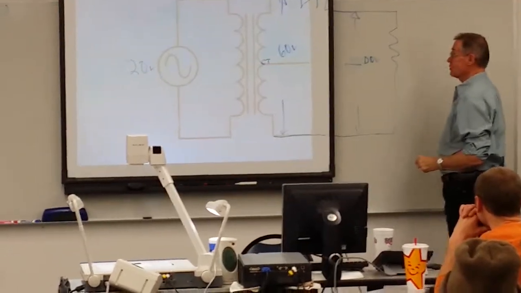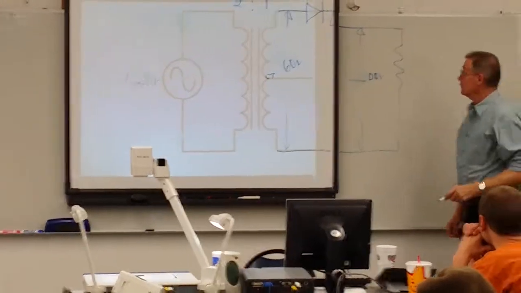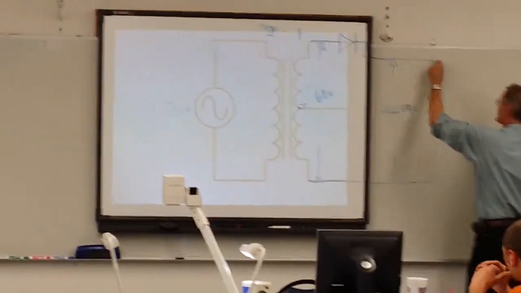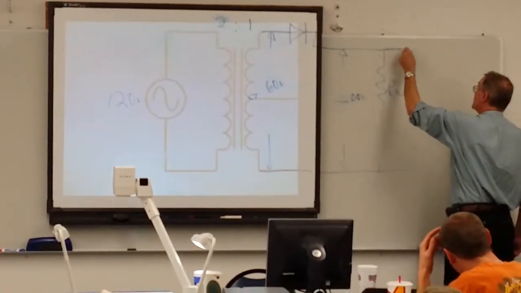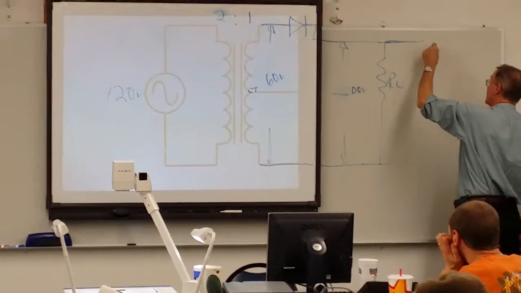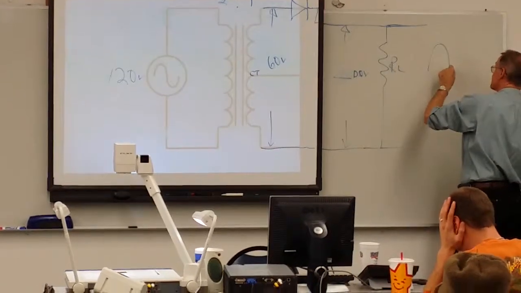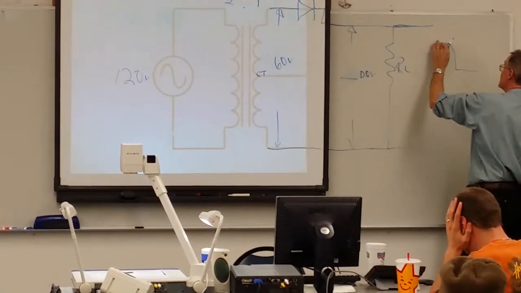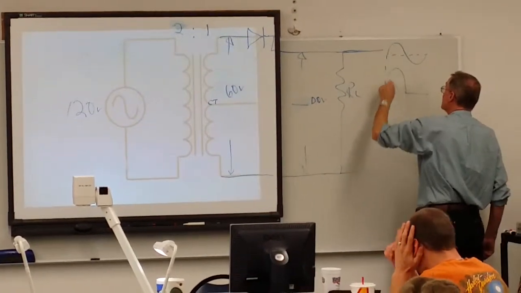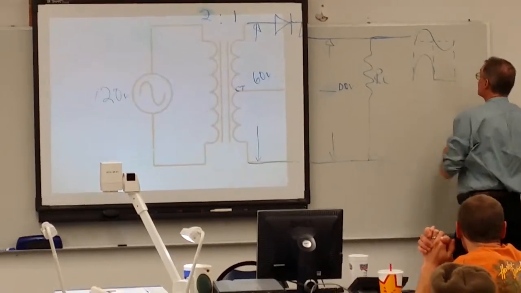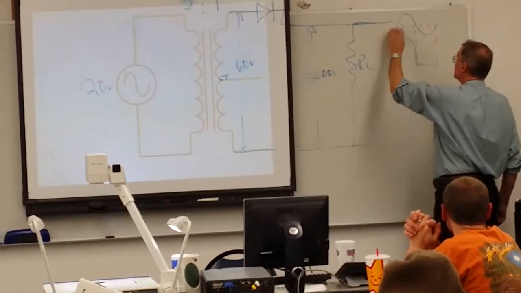what's going to be that voltage across the load? Well, the wave across this load resistor RL, this wave out here, is going to look like this, with respect to the AC wave coming in. Zero.